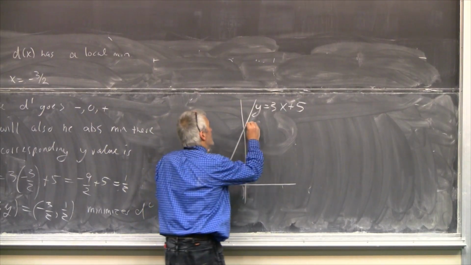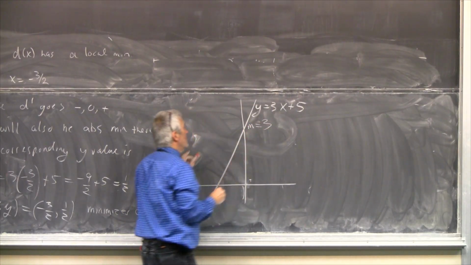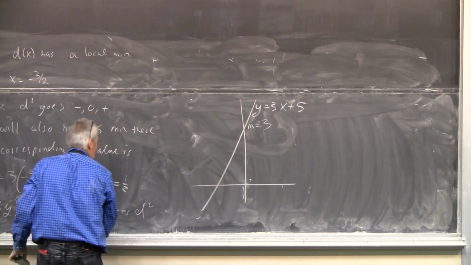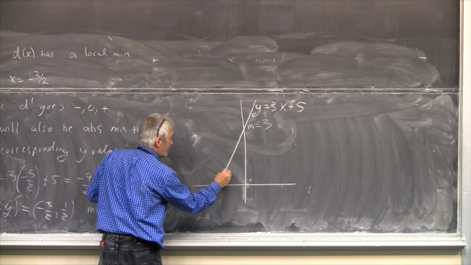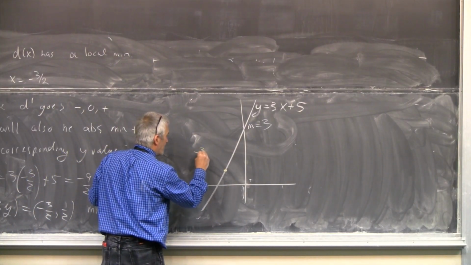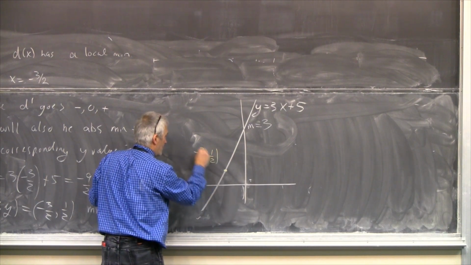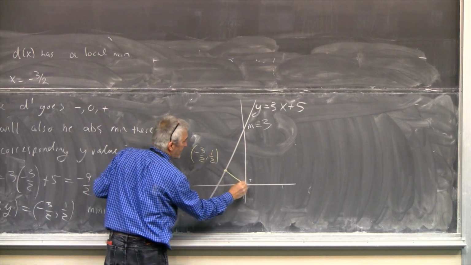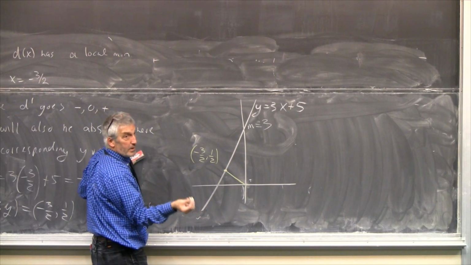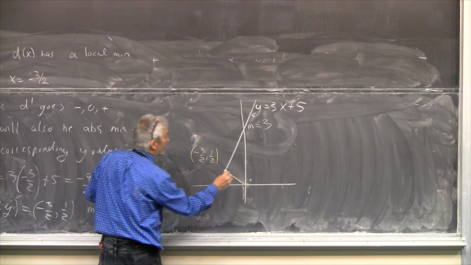Three. m equals 3. All right, so our point that we just found is here, minus 3/2, comma, 1/2. In our little segment here, I never did find out what that distance is, but whatever it is, it's the smallest it's ever going to be.